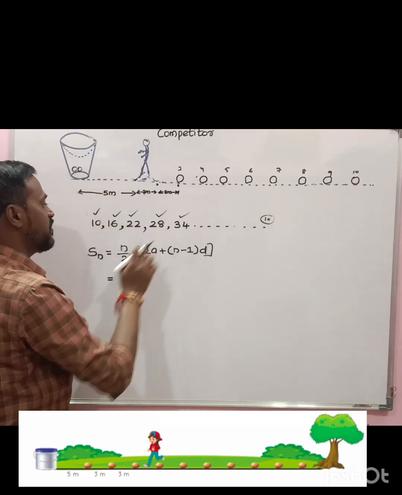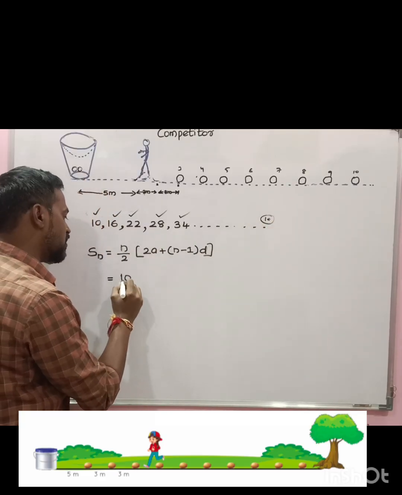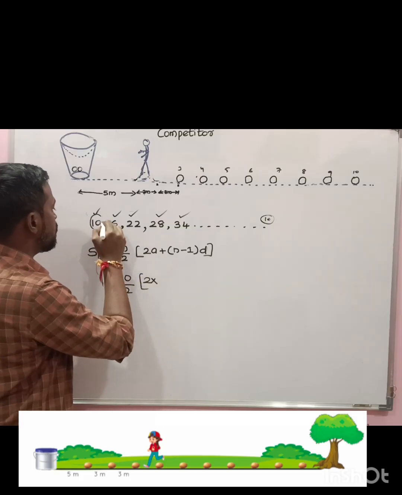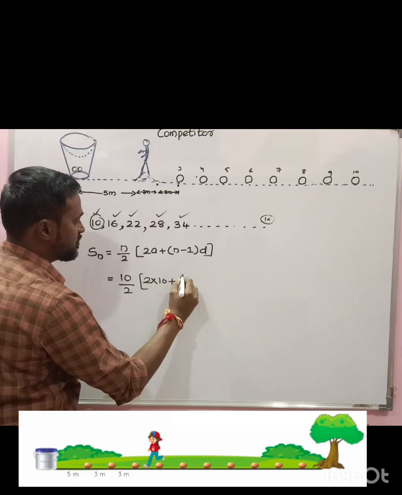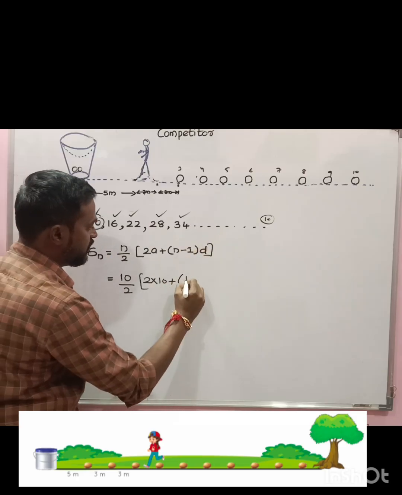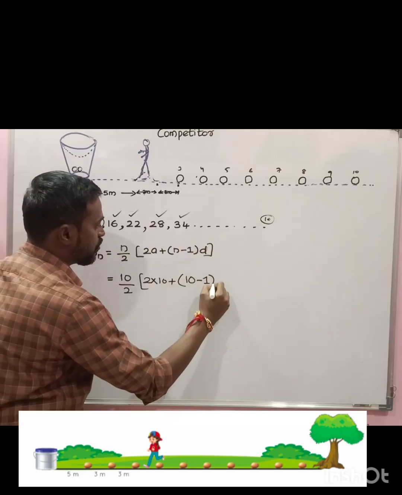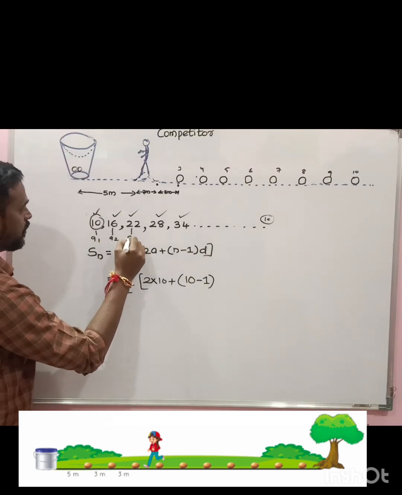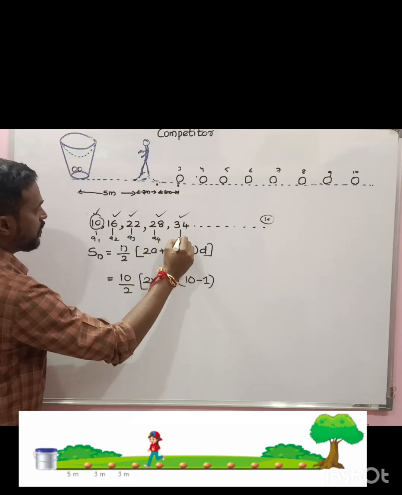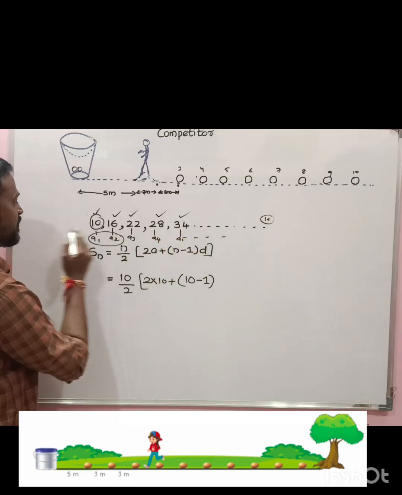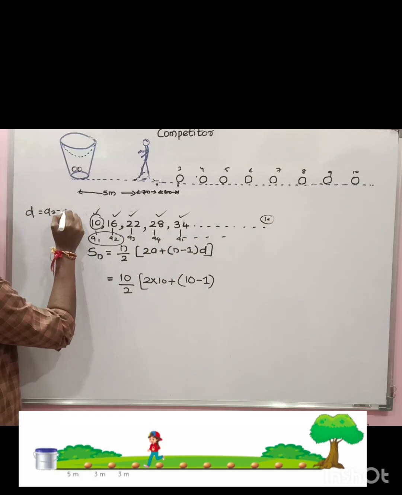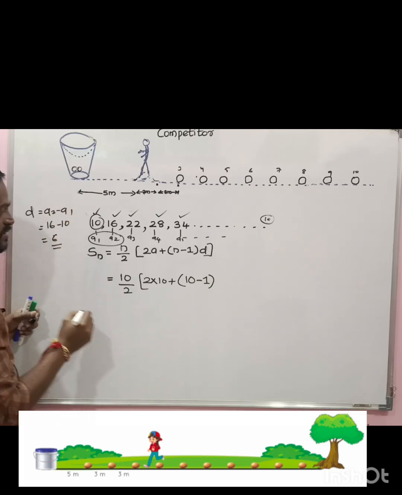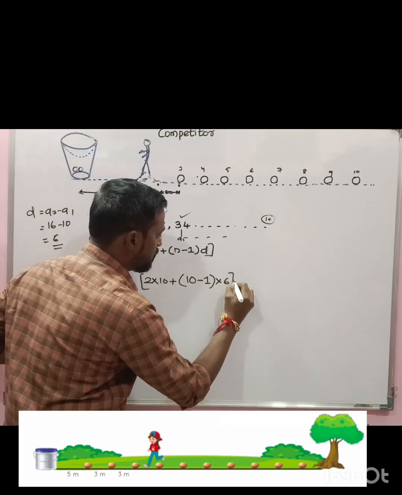So n is 10, divided by 2. 2a, where a is the first term, is 2 times 10, plus n minus 1, which is 10 minus 1. What is the common difference? This is a1, a2, a3, a4, a5 and so on. The common difference is a2 minus a1, which is 16 minus 10, which is 6.